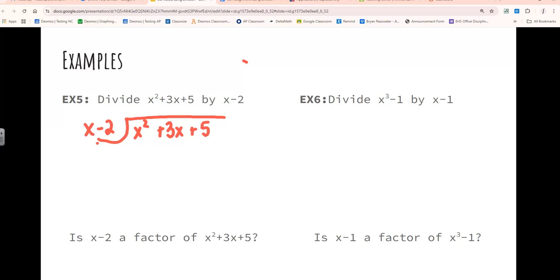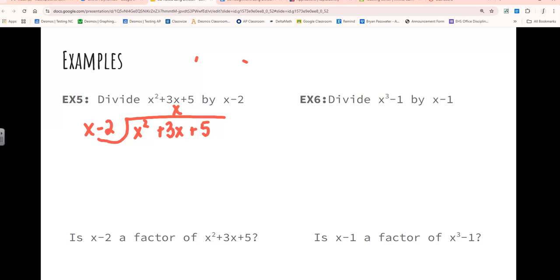The best way to think about this is to ask yourself this question: what times x will give me x squared? X. So I'm going to put that right here above this term, because that's where we have the single x's. That's my division.